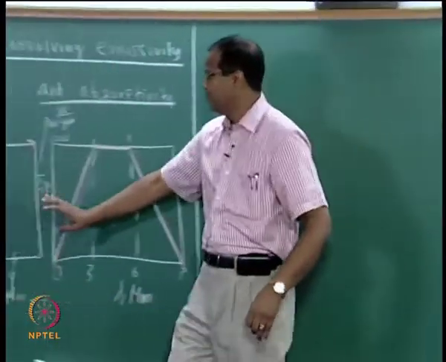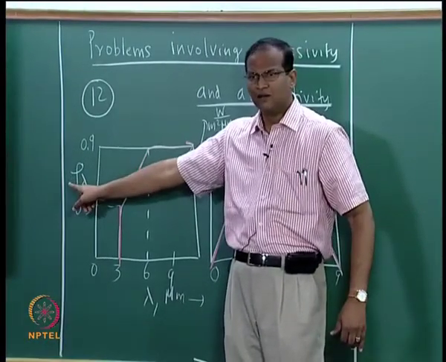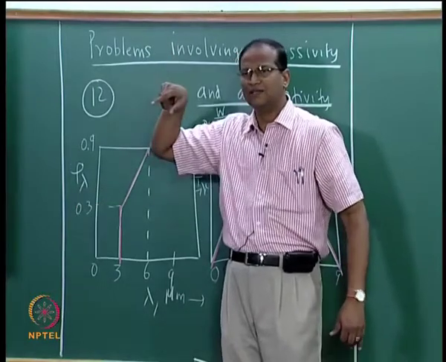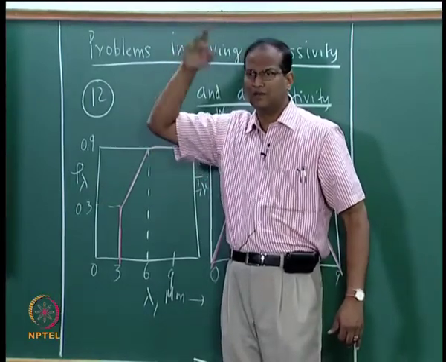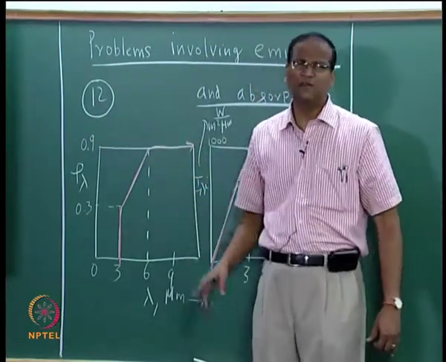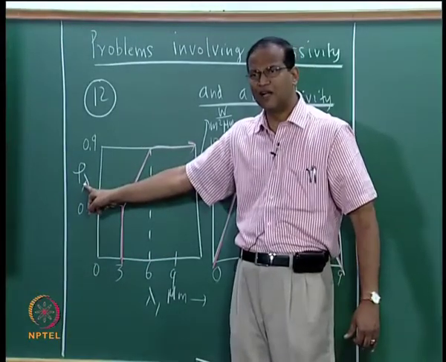So rho lambda is given here. What is rho? Lambda means? What about the dash? Direction. What happened? We knocked off the dash. That means it is hemispherical. So this is hemispherical spectral reflectivity.